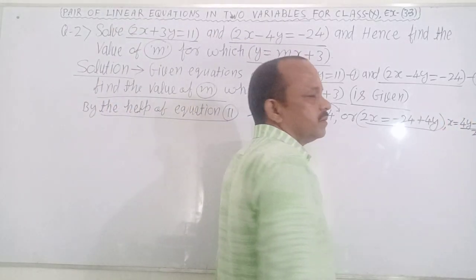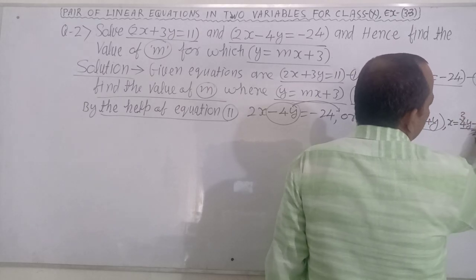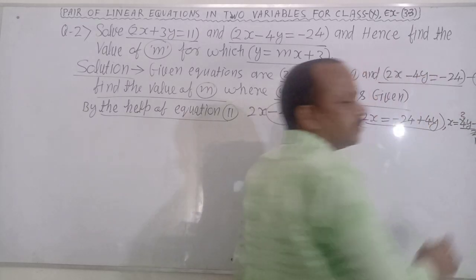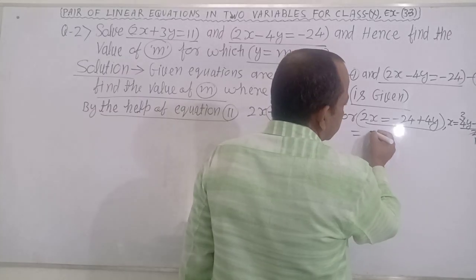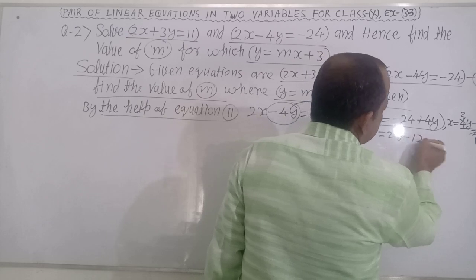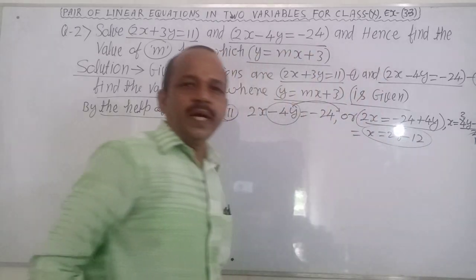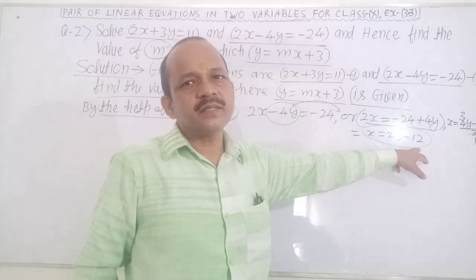You can cut here: 2 ones are 2, 2 twos are 4, 2 twelves are 24. It becomes x equal to 2y minus 12. You find x equal to 2y minus 12.